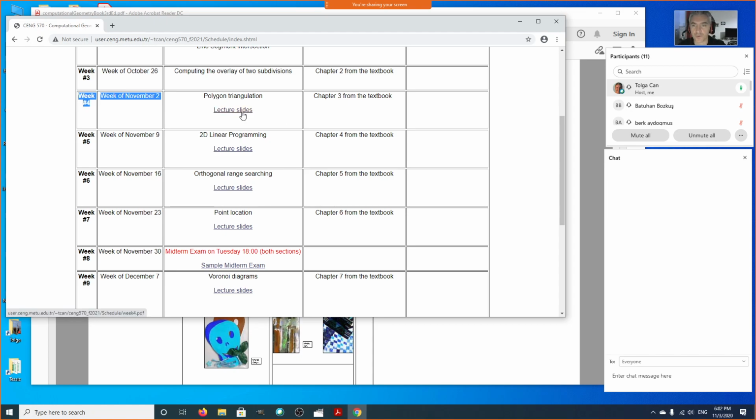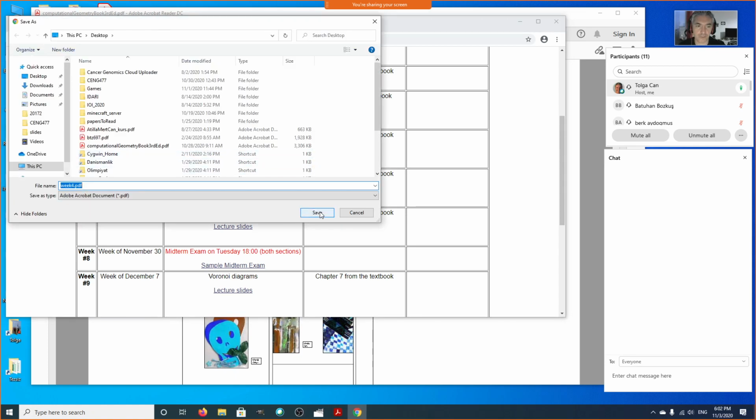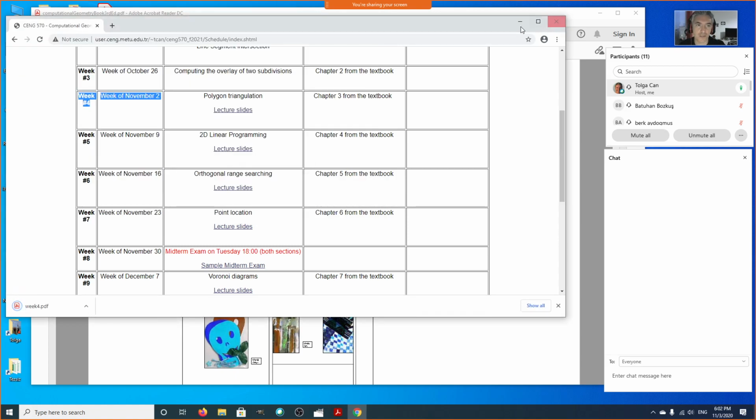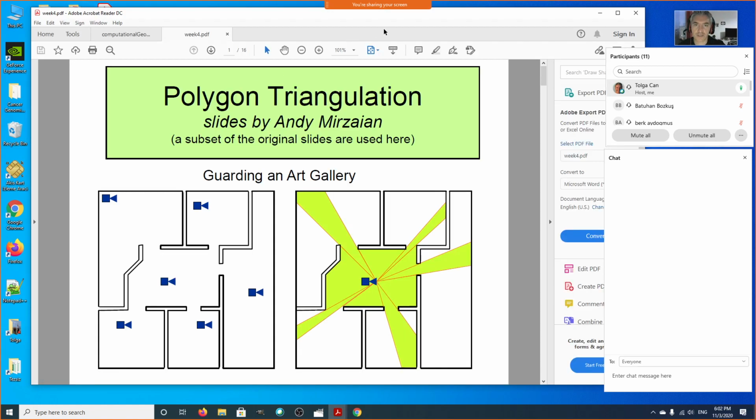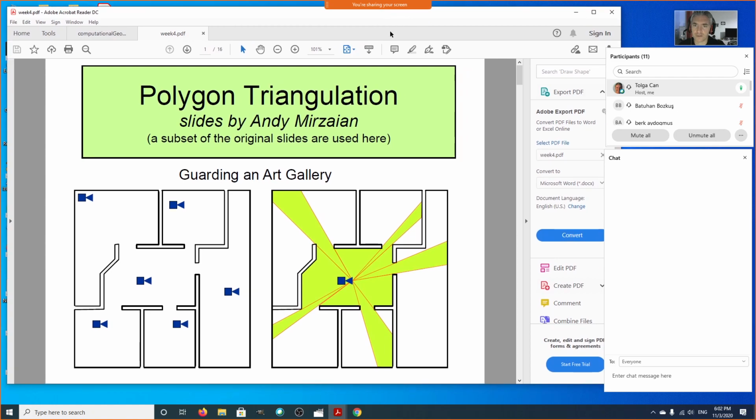These are subsets of those slides that he uses. So let me download these slides, and in addition to the material in the book, we are also going to use these slides. So it's here. Okay, so the slides are by Andy Mirzayan, and a subset of the original slides is used here.